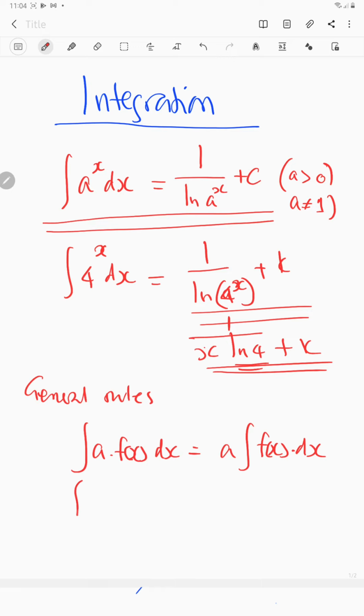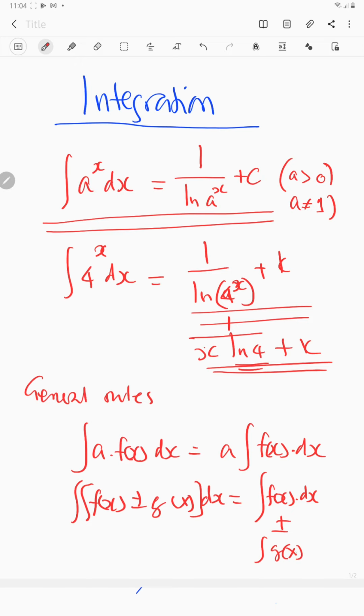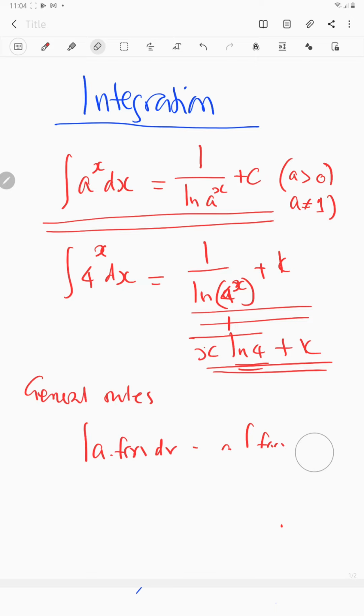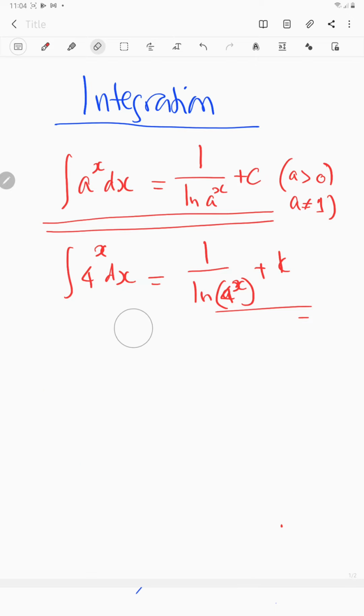And if we have the integral of f(x) plus or minus g(x) in a bracket dx, then it is the same as the integral of f(x) dx plus or minus the integral of g(x) dx. So we can separate them in that particular statement.